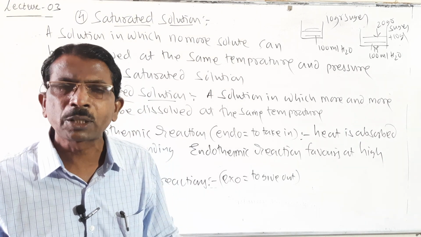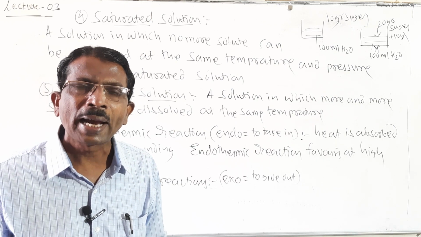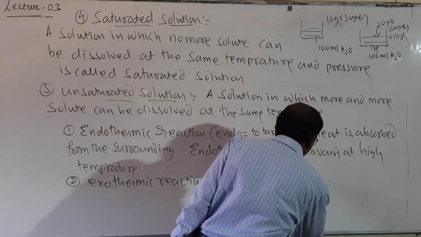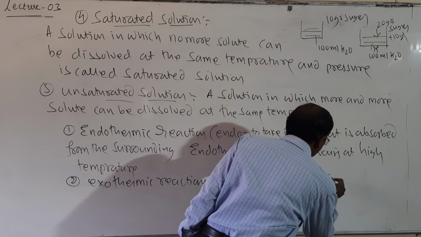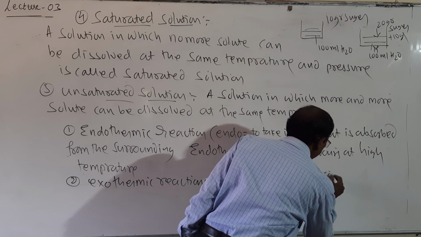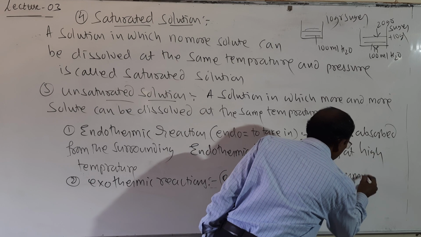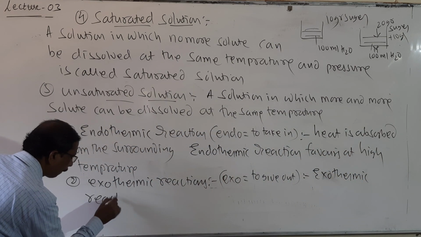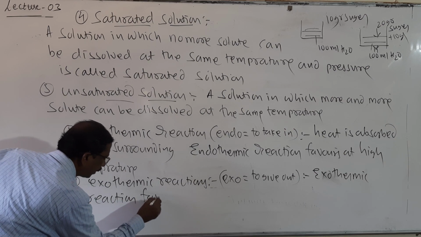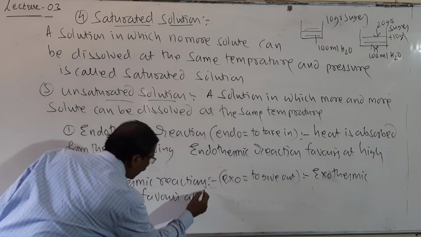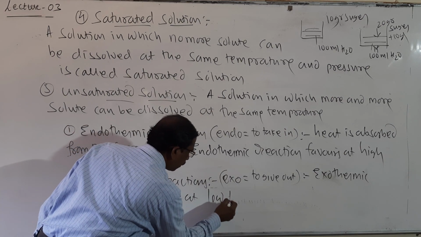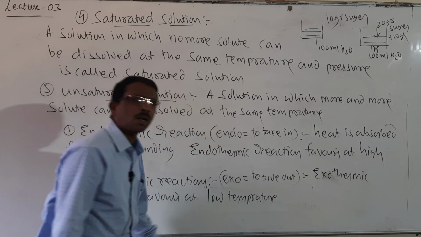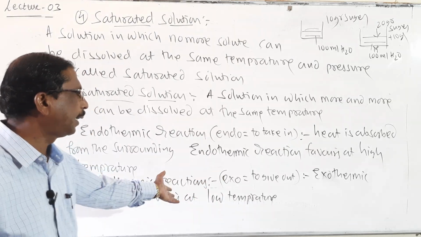So therefore an exothermic reaction takes place at low temperature. So an exothermic reaction favors low temperature because heat is already evolved, already given out.